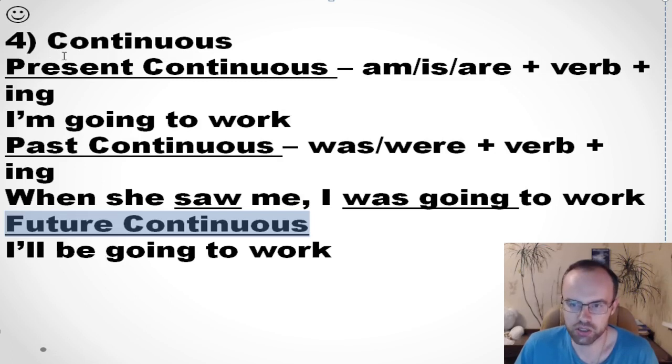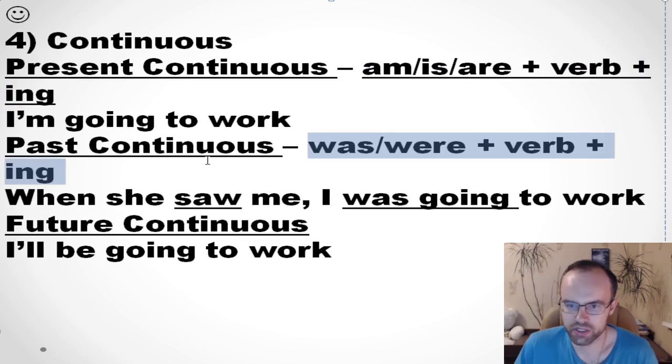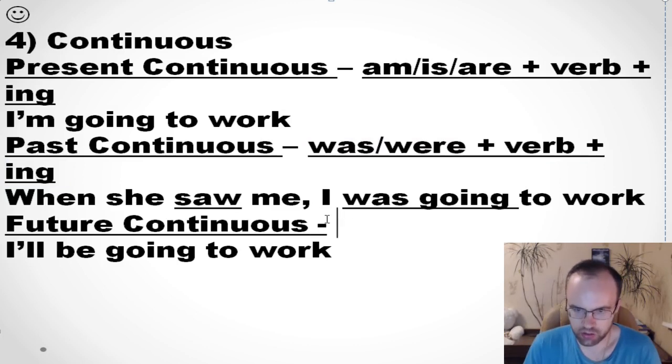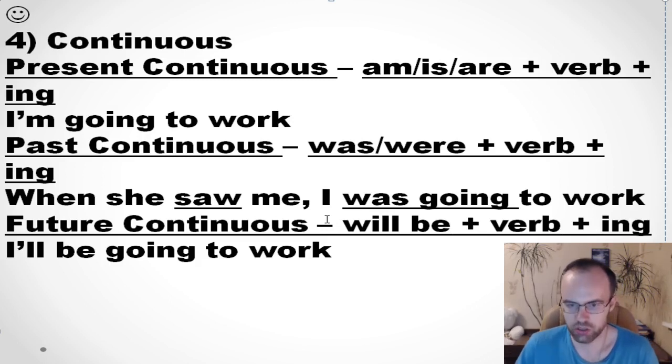Okay, so you see continuous, present continuous, am, is, are, plus verb plus ing. I'm going to work. Past continuous, was plus verb plus ing. And future continuous, so it's will be plus verb plus ing. So I'll be going to work. Okay, good. So it's the second group, yeah?